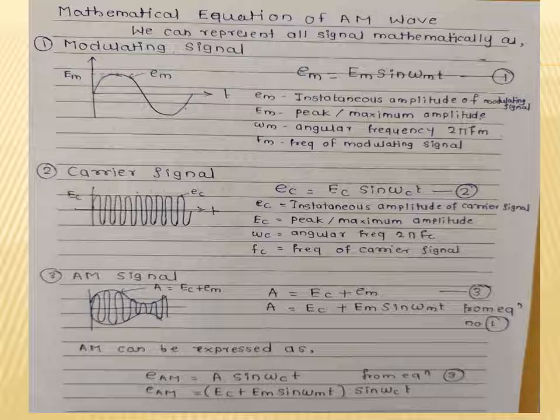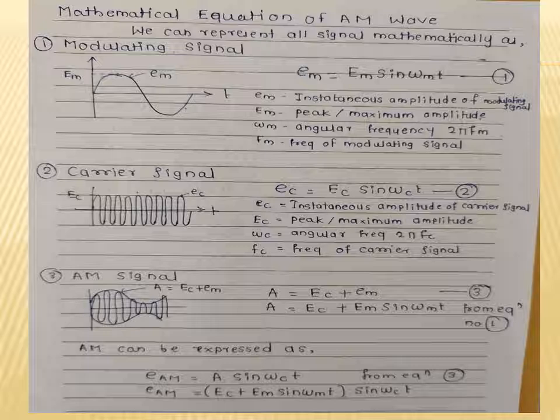Once again, I will repeat the mathematical equation of the AM wave. It is very simple. In AM there are 3 signals: first the modulating signal, second the carrier signal, and third the AM signal.